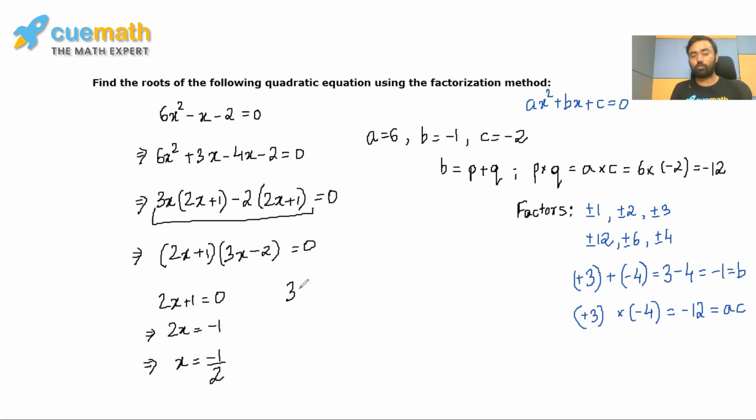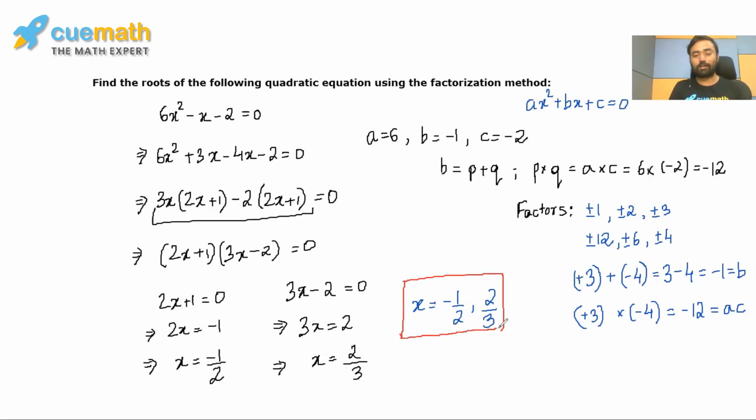The second one would be 3x minus 2 is equal to 0. That is 3x is equal to 2, or x is equal to 2/3. Hence, to answer this question, the two roots are x is equal to -1/2 and 2/3. And we got these two roots using the factorization method.